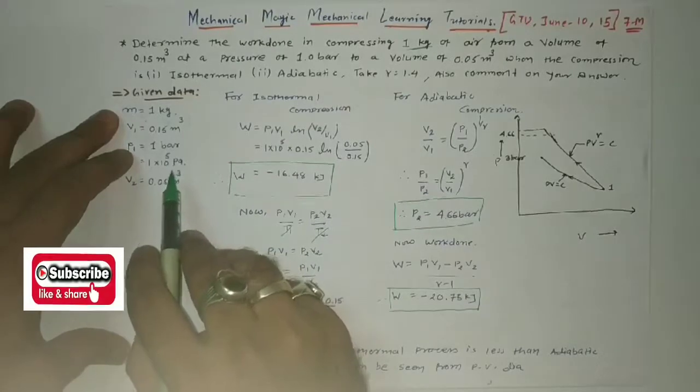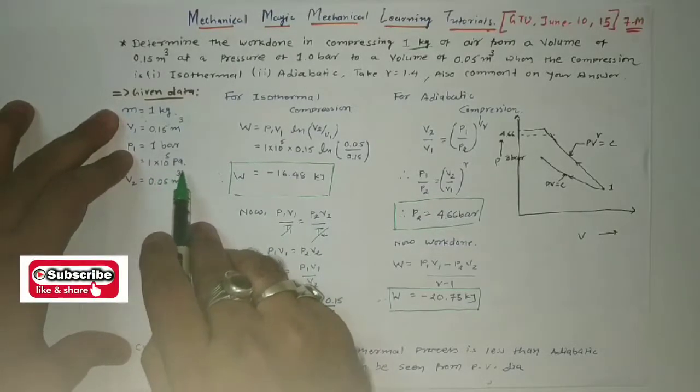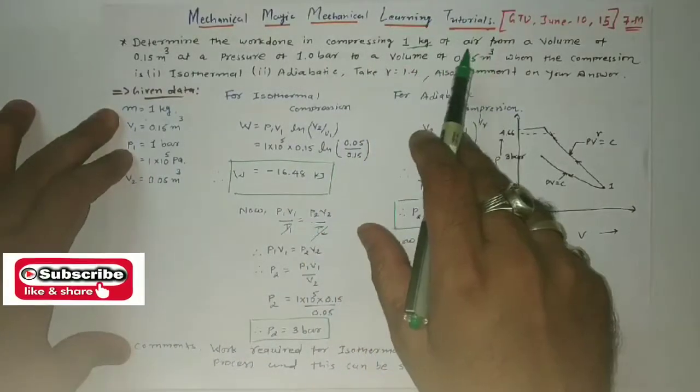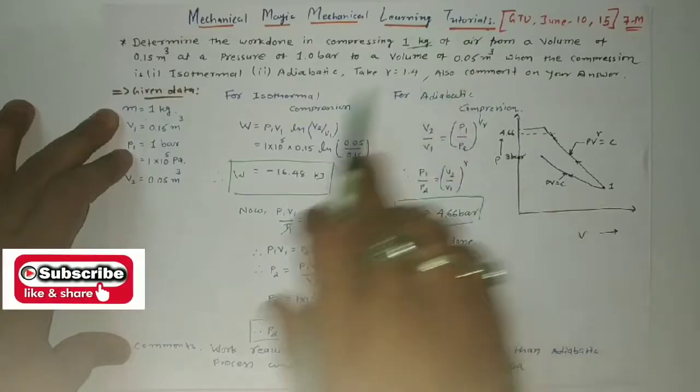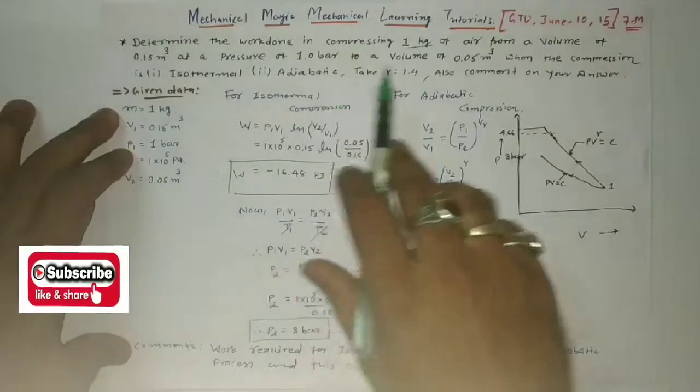So it will be converted into Pascal. So 1 into 10 raised to 5 Pascal. To a volume of, so that will be the second condition, or you can say V2, 0.05 meter cube.